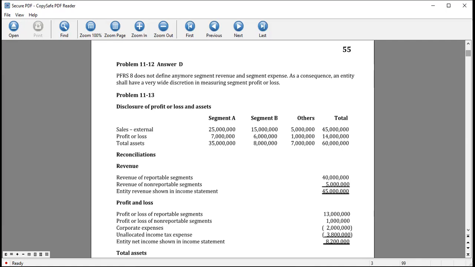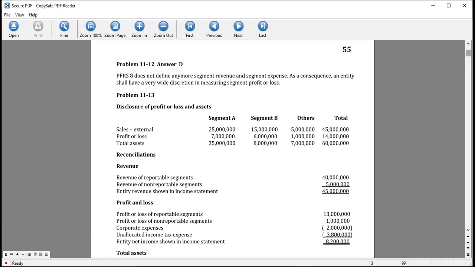The chief operating decision maker does not allocate income tax as a measure of profit or loss. So we have now to prepare the necessary adjusting entries in number 13. First entry there. Let's try to analyze. Prepare the necessary disclosures for diversity company in relation to operating segments.